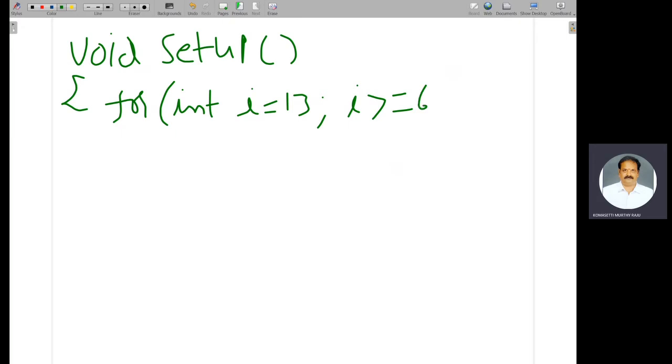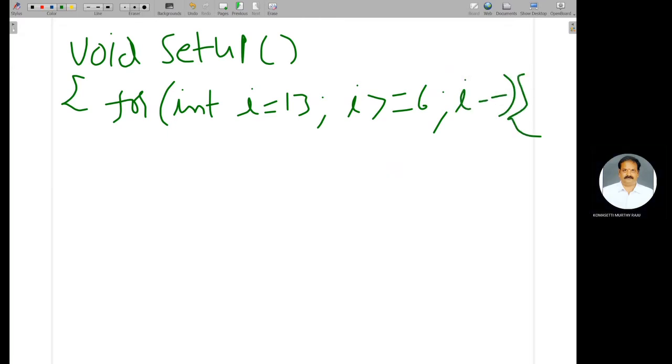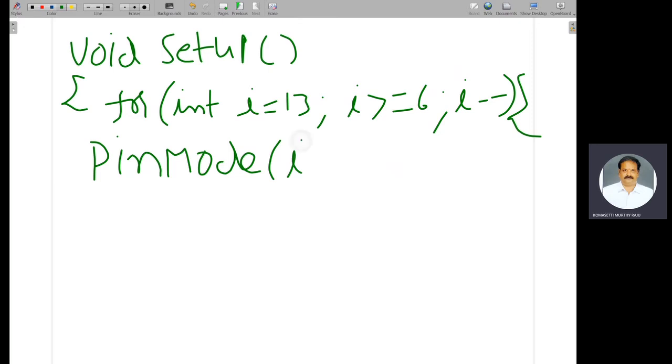The digital pins 13 to 6 of the Arduino board are defined in this fashion by using a for loop, I minus minus, and pinMode I, output.